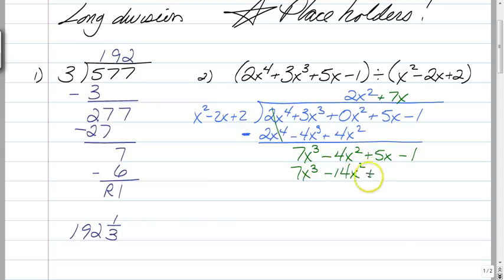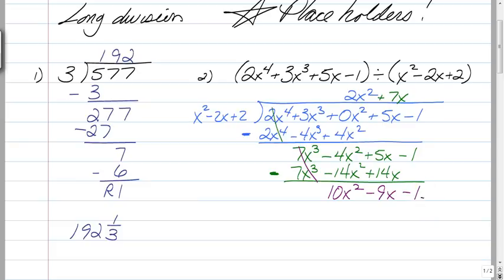And 7x times 2 is 14x. Again, you are subtracting. So that goes away. Negative 4 minus a negative 14 is plus 14, so that's 10x squared. And then we have 5 minus 14, which is a negative 9x, and bring down your negative 1.